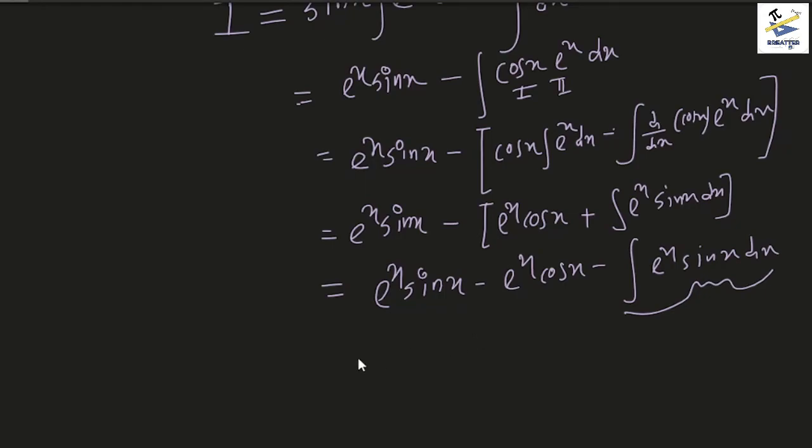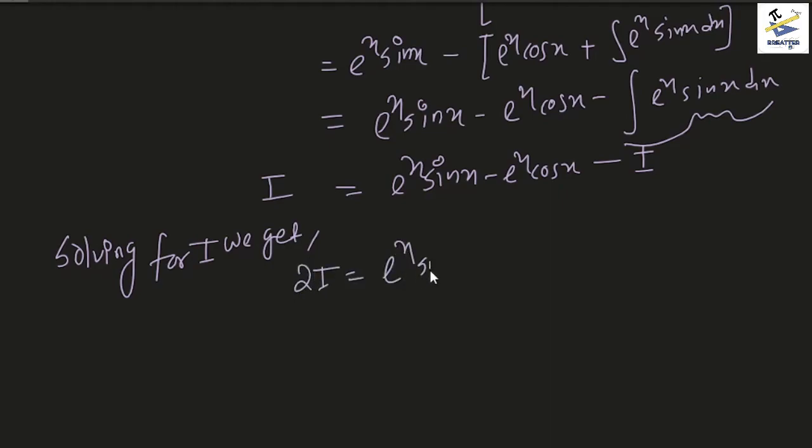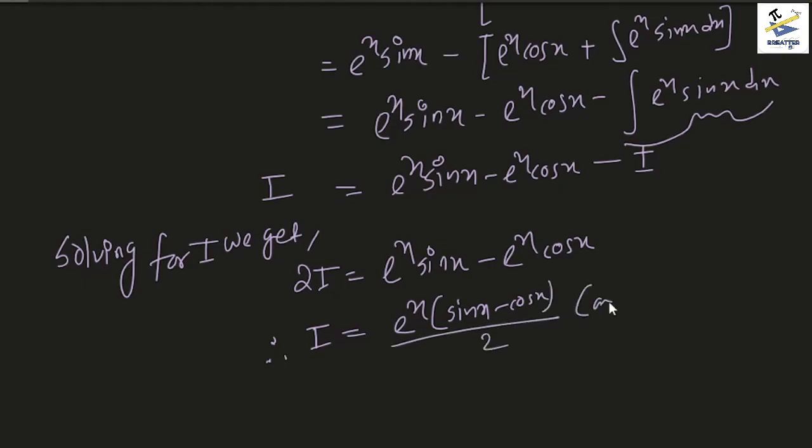So this is denoted by I. So this becomes e to the power x sin x minus e to the power x cos x minus I, and on the left hand side we have I. So solving for I, we get 2I equals e to the power x sin x minus e to the power x cos x. Therefore I is equal to e to the power x whole into (sin x minus cos x) by 2, plus C, which is the answer.